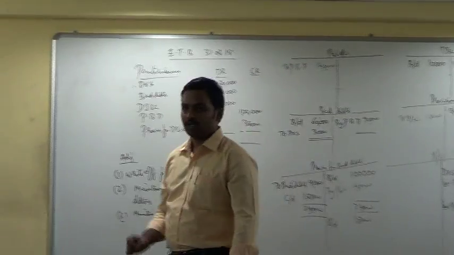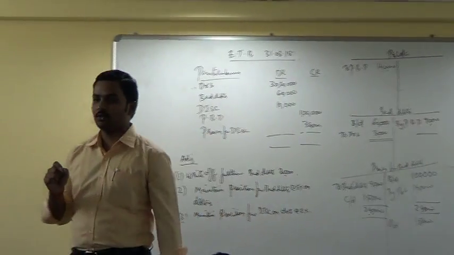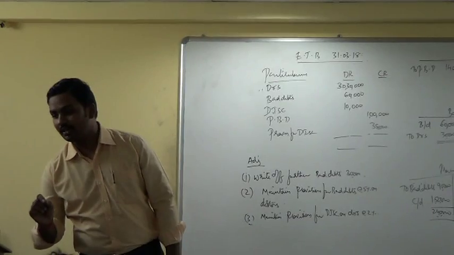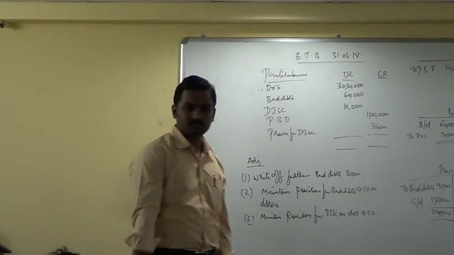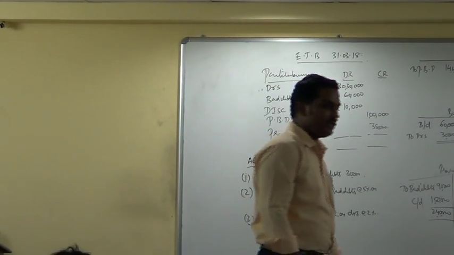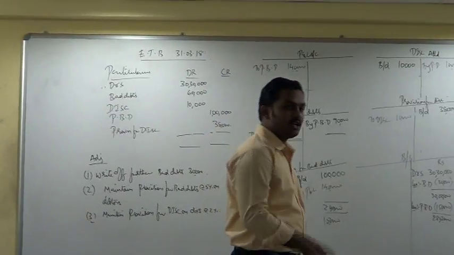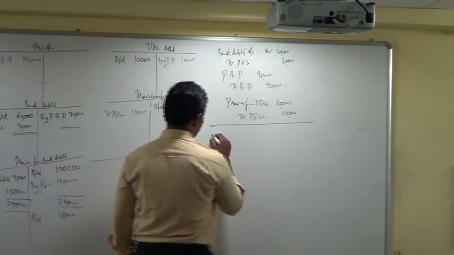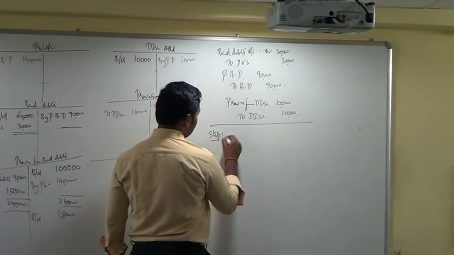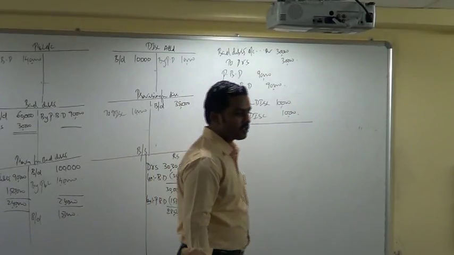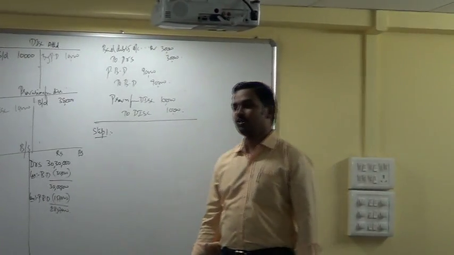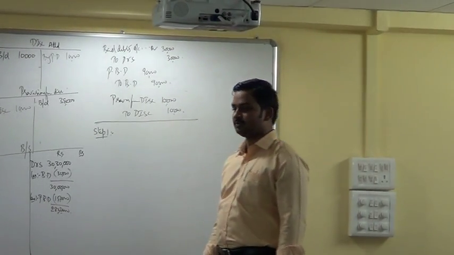What is the title of the working note? Calculation of the amount to be debited or credited to the profit and loss account to maintain provision for discount.